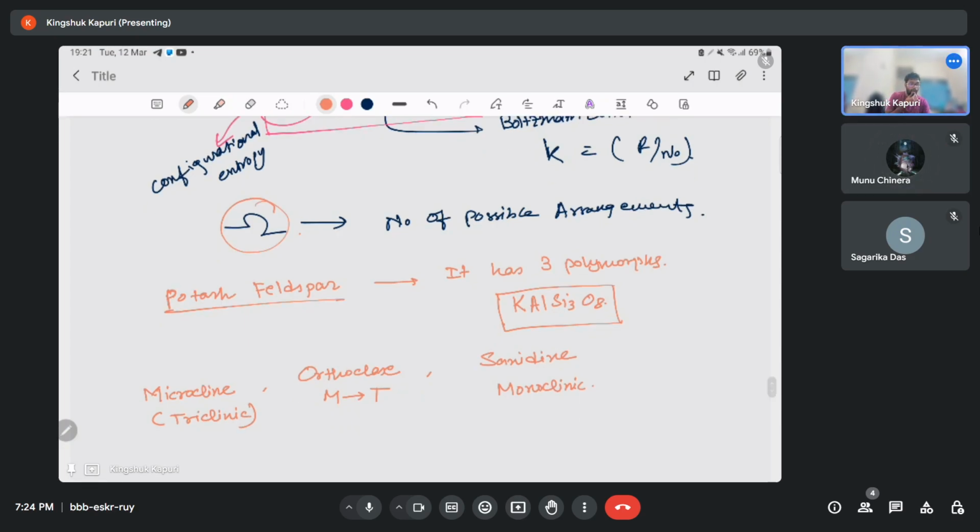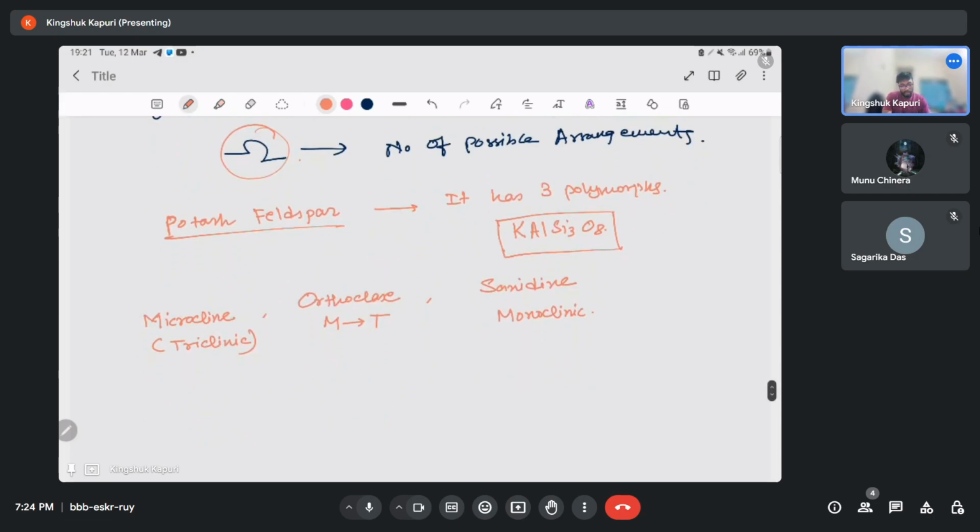Now, according to this chemical formula, can you tell me how many tetrahedral sites are available in a potash feldspar? Am I audible?